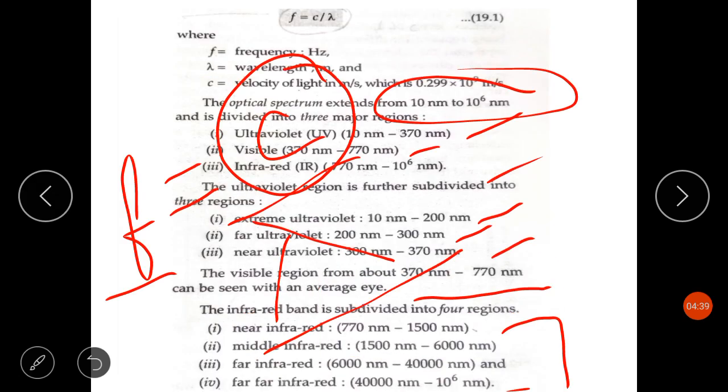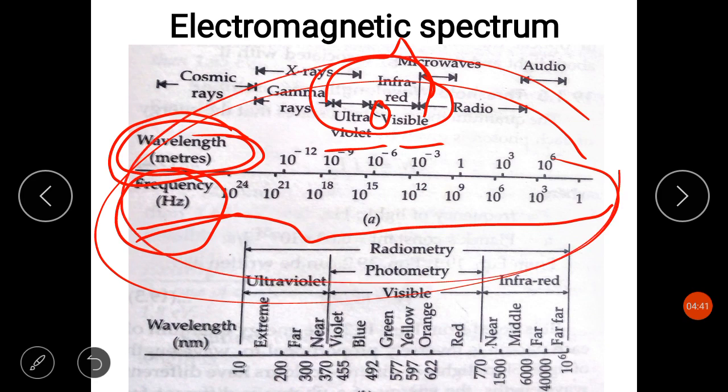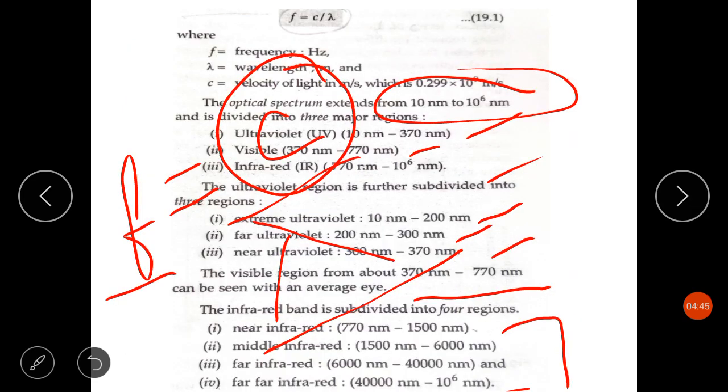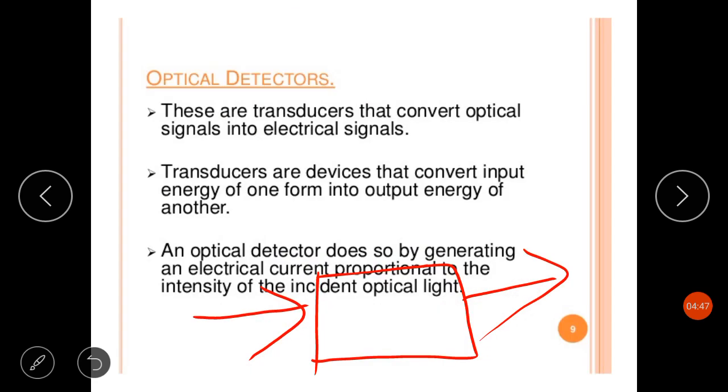This electromagnetic spectrum is the light, so it converts the incoming light energy into electrical energy. That is the purpose of an optical detector. Now, in instrumentation systems, measurements are not confined to visible radiation only, but are concerned with a wider spectrum of radiation, including infrared and ultraviolet.